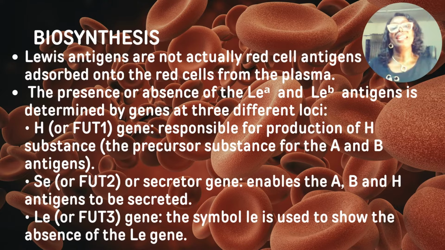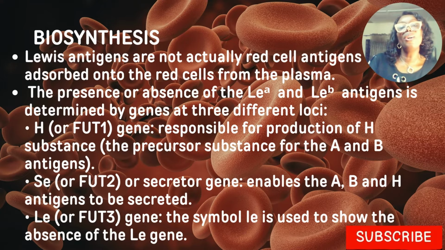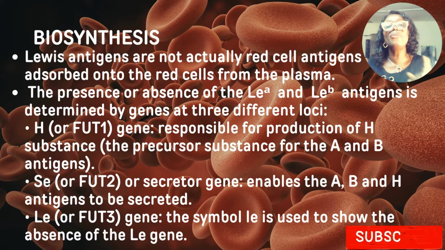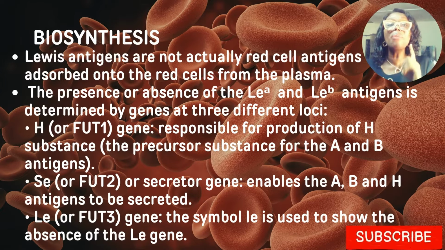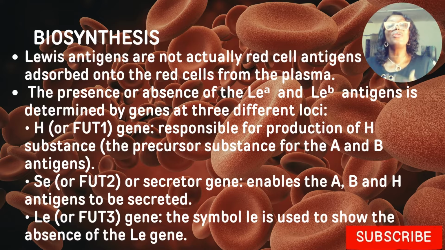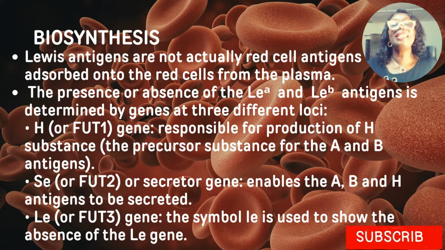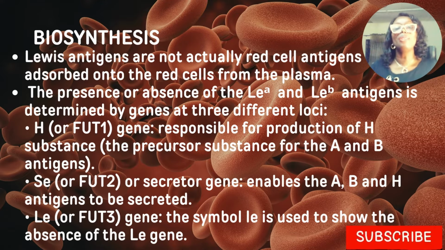For you to be able to successfully produce either Lewis A antigen or Lewis B antigen, there are three different genes that are responsible. We have one main Lewis gene, which is FUT3. But for this FUT3 to successfully function in producing Lewis A and Lewis B antigens, it needs the assistance of other genes in the ABO blood group system and H blood group system.